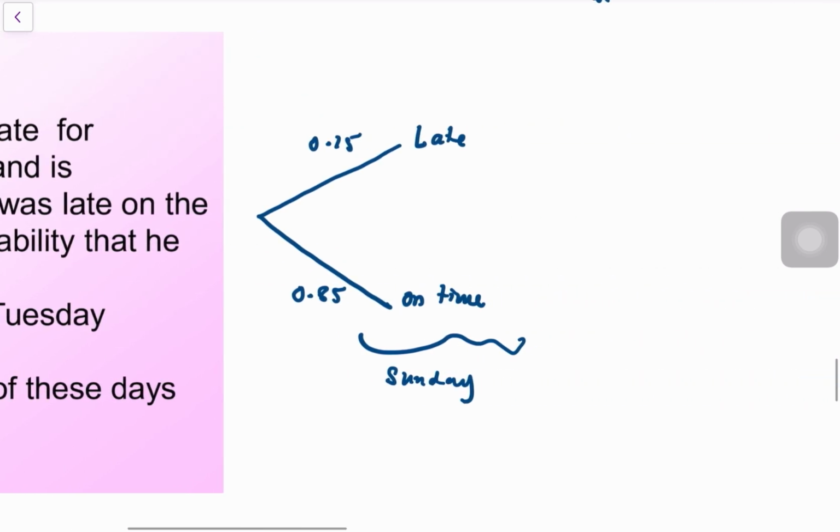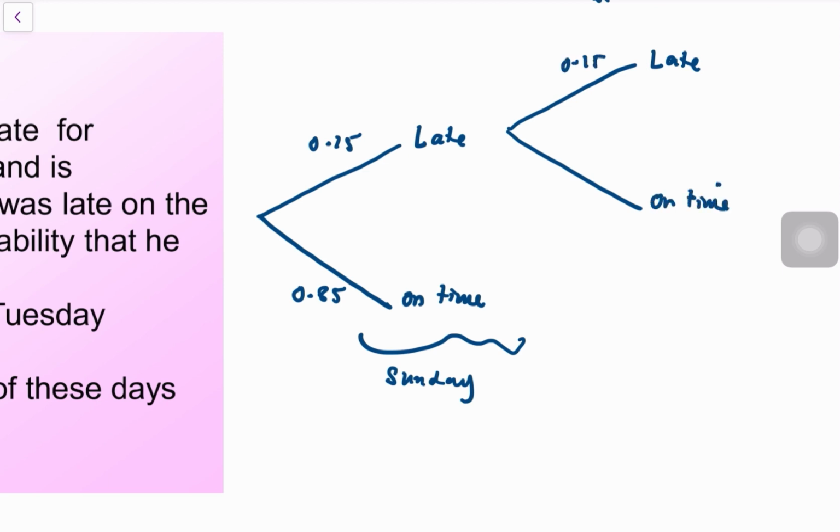Let's say the next day also has the same results, whether he is late or on time. Here is 0.15 and here is 0.85. The same goes here, so we will have late, on time, and the values 0.15 and 0.85.